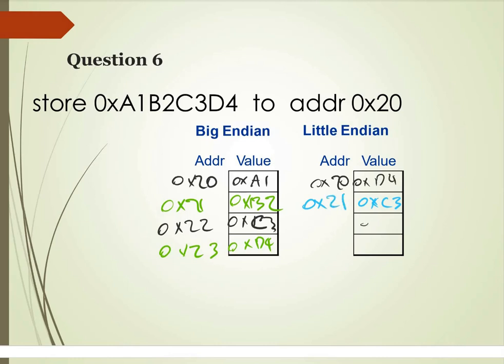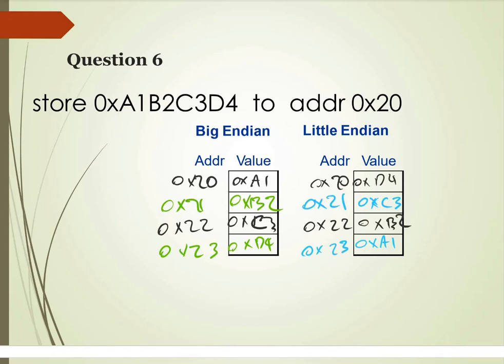Then we have 0xB2 at 0x22. As the last one, it would be 0xA1 at 0x23. So that's how little and big endian work.